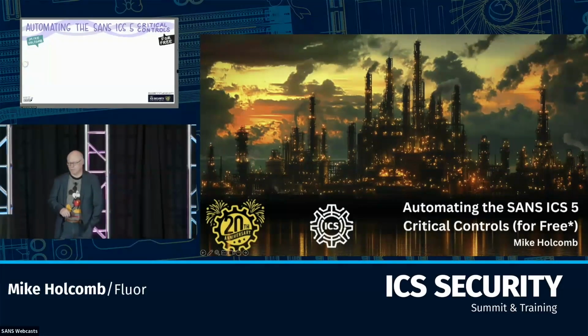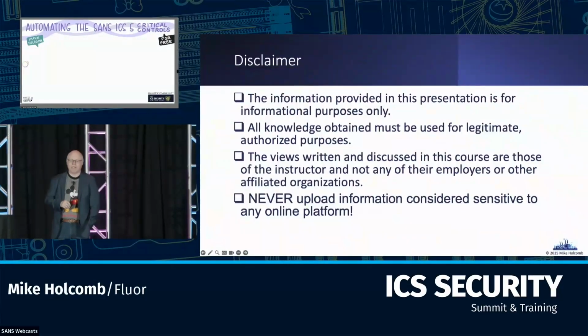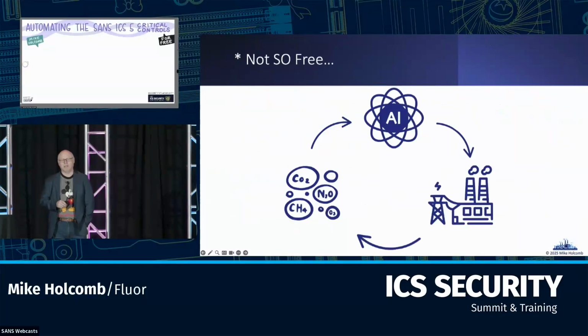And I understand it's not completely free. I also put the asterisk in because I saw Andy was on the schedule, and he actually has my favorite S4 talk of all time, where he was getting into this kind of cycle that we're stuck in. This is my version of Andy's talk: we're looking to AI to solve different crises that we have, like global warming.